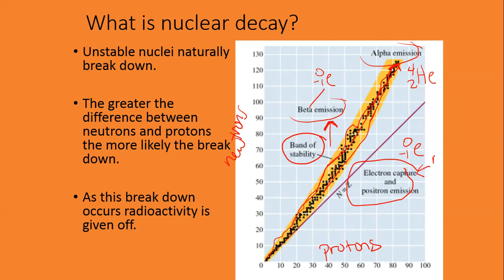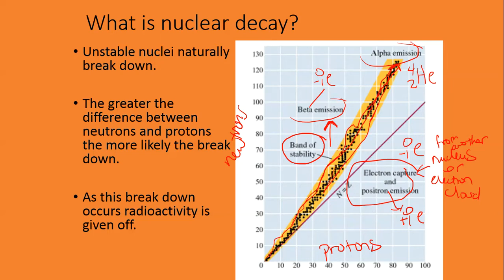From another nucleus, or even from the electron cloud. They could also emit a positron, right? Remember we said a positron is a positively charged particle. So depending on where they are on this band of stability, the nucleus can actually start to break down.